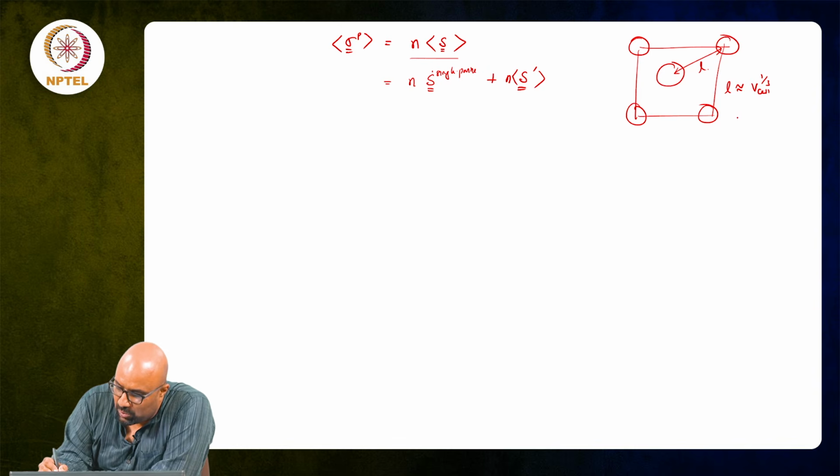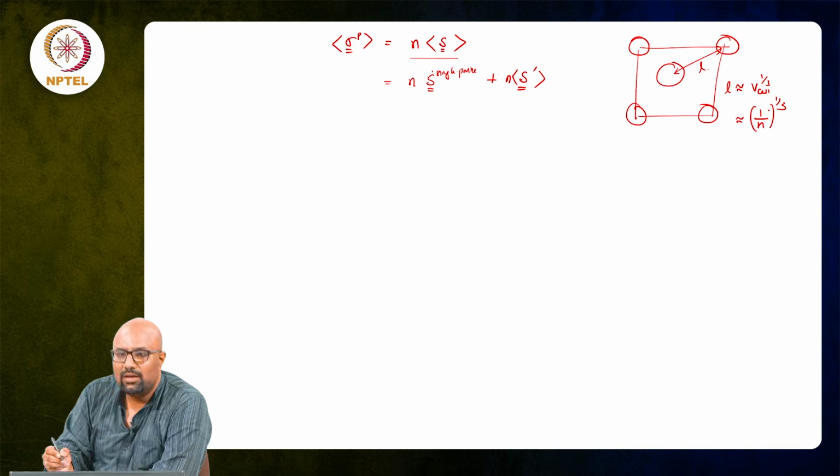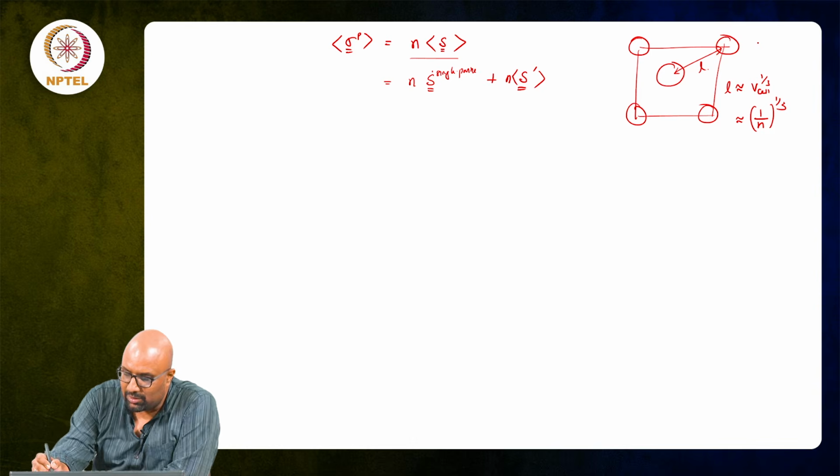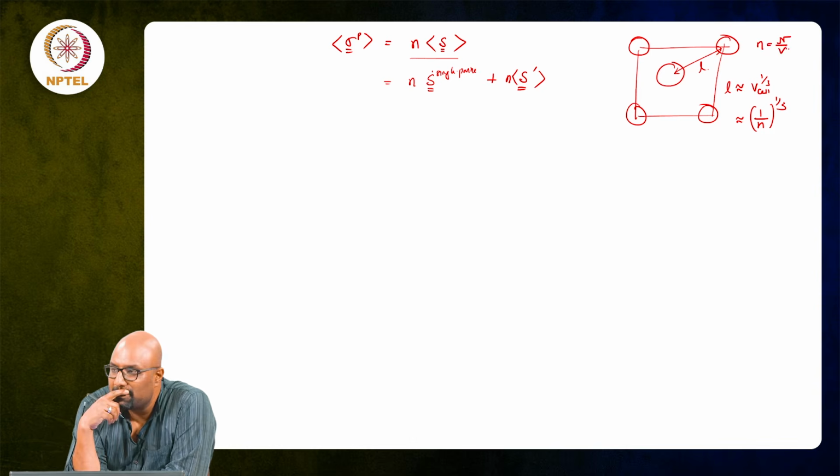Now, what is the volume of the cell? The volume of the cell is going to be the inverse of the number density. What is the number density? Capital N by V, right. The total number of particles divided by the total volume gives me the number density.